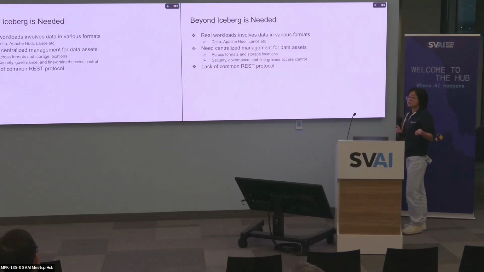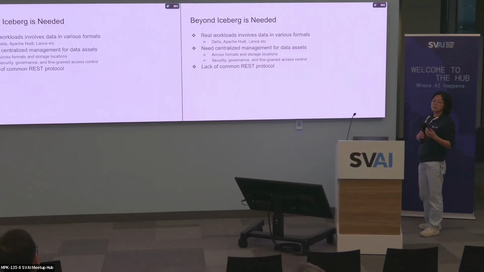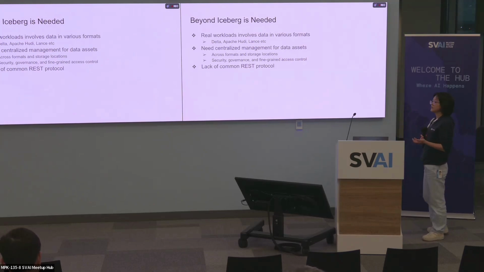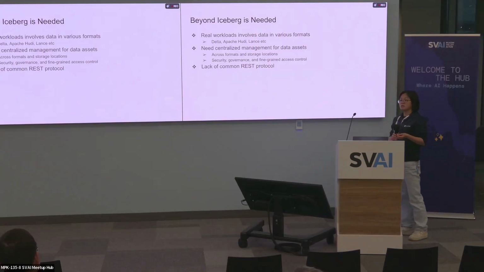However, as all the talks mentioned, in the real world it's not just Iceberg. Platforms involve more than one engine, and people also use multiple table formats and data formats, choosing different formats for different reasons. There are Delta tables, Apache Hudi tables, and Lance, and people even want to use Parquet and CSV directly.